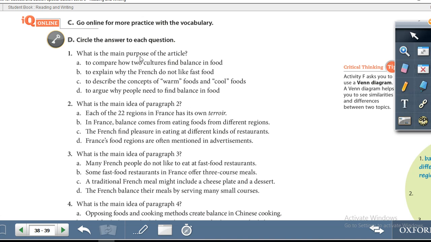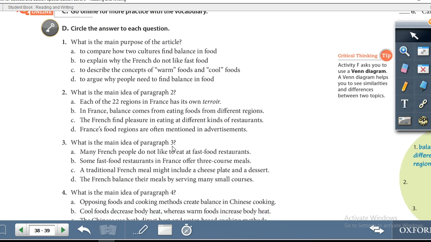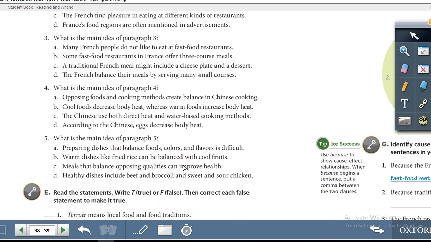For example, if my answer is, let's see, if my answer is D, I will circle D. If my answer is C, I will circle C, right? So that is also quite self-explanatory. Circle the answer to each question. That is how you will do exercise D.